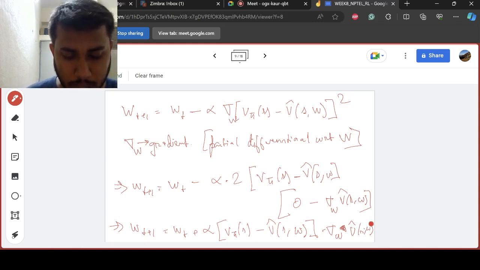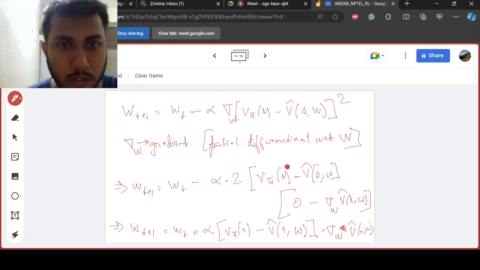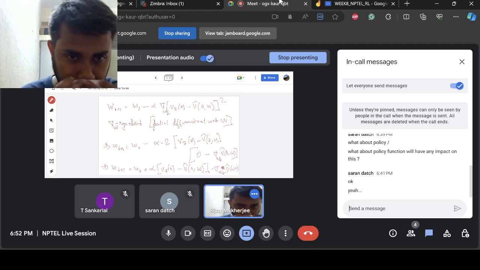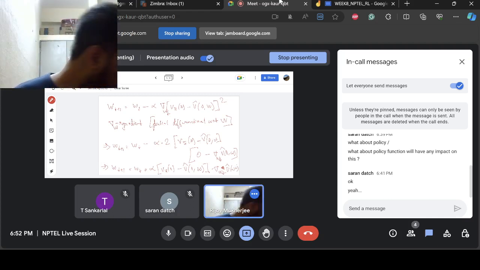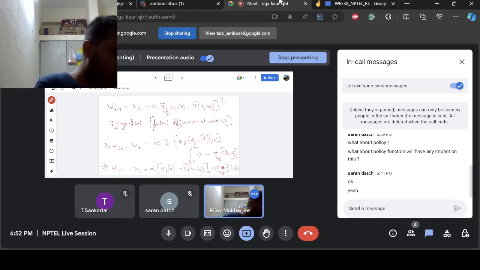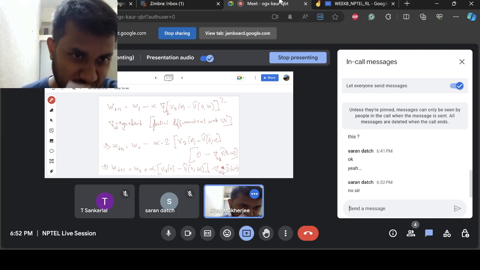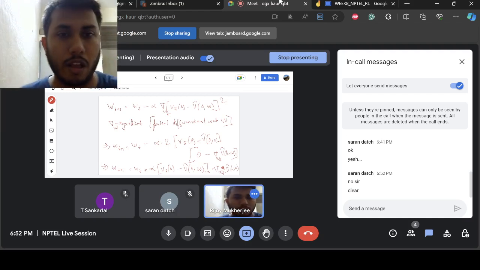So this is your weight update at each time step. This will be wt, sorry, one mistake, wt, right? Any doubt regarding this derivation, you can ask.